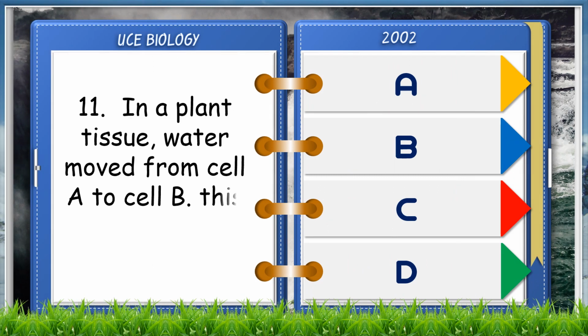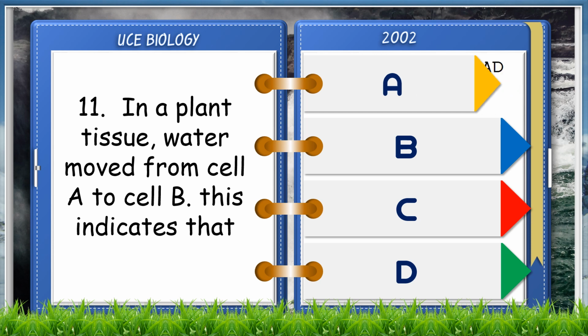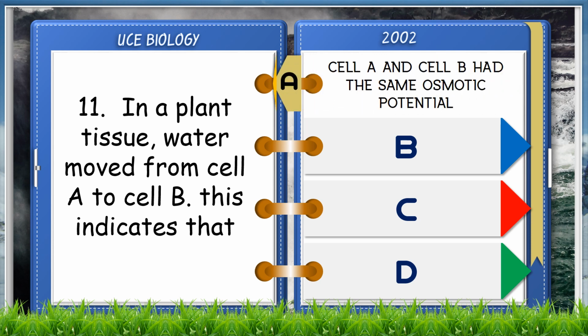In a plant tissue, water moved from cell A to cell B. This indicates that A. Cell A and cell B had the same osmotic potential.